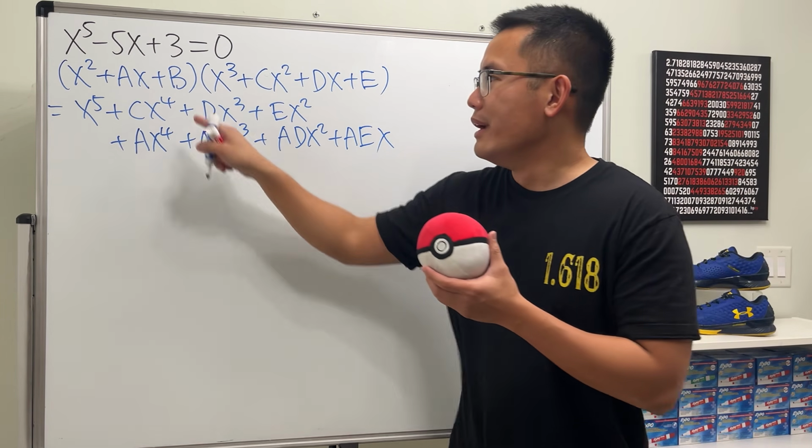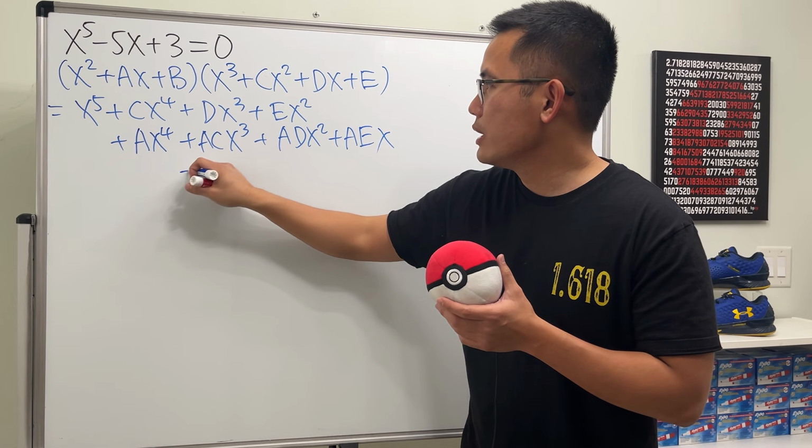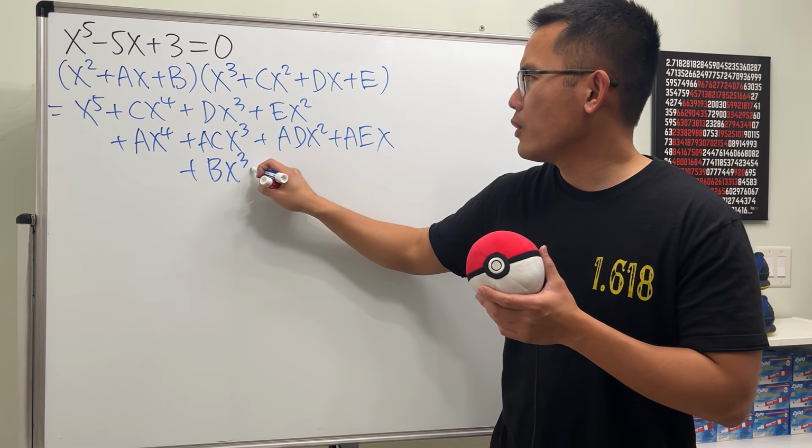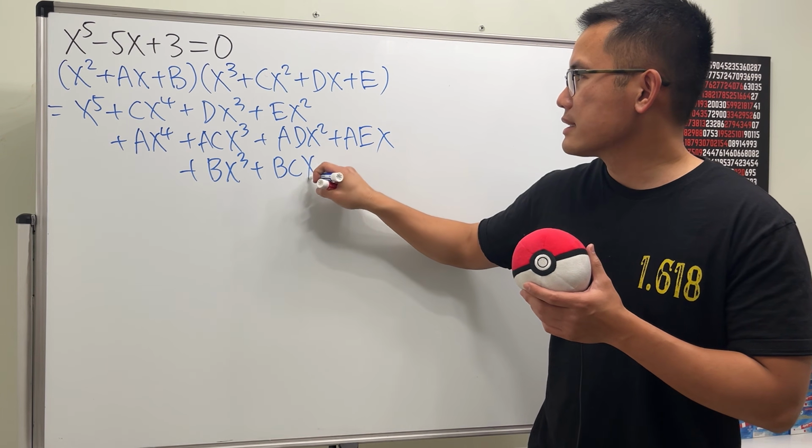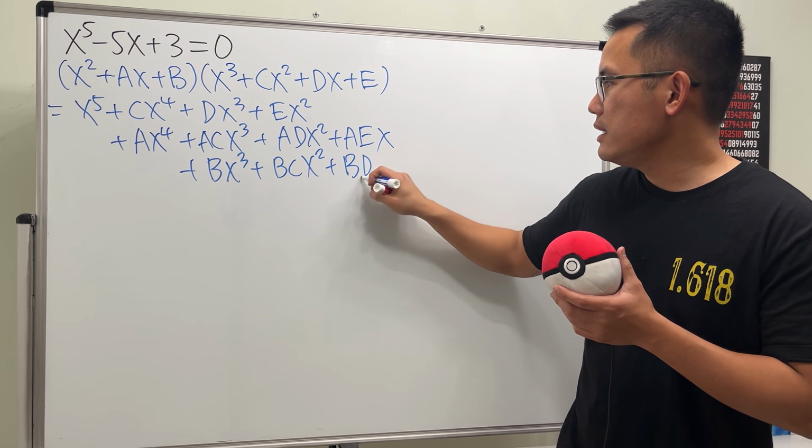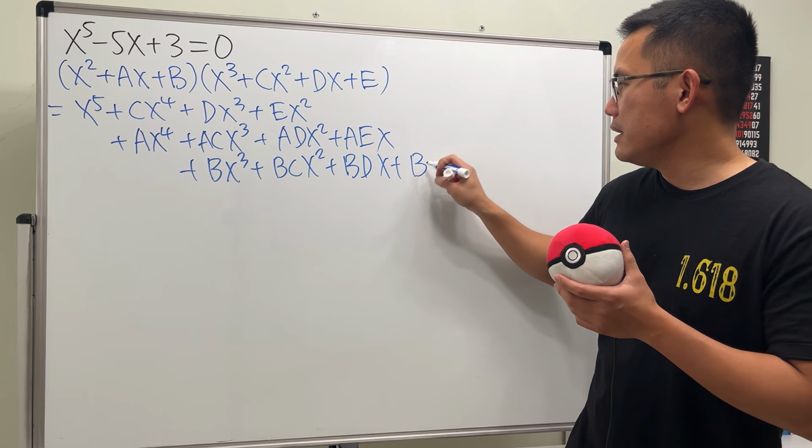Okay, and then one more. Take the b, multiply everything, so we get plus bx to the third power plus bcx squared plus bdx, and then plus be.